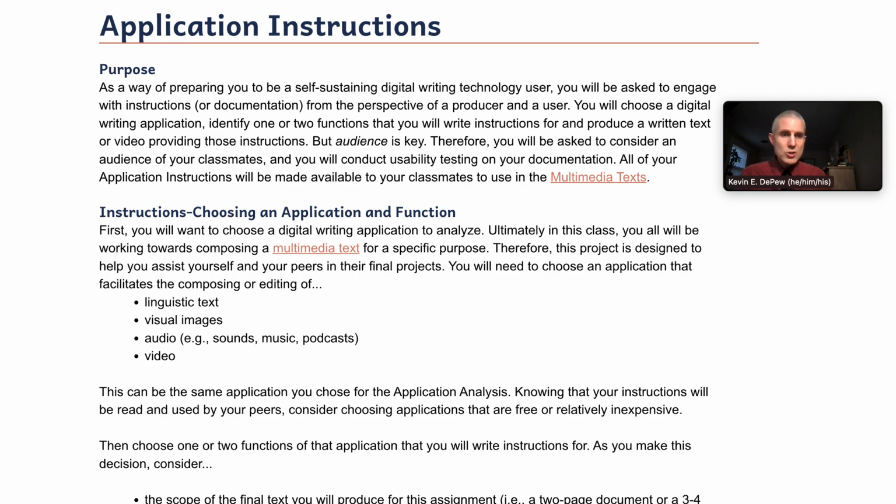What we are doing with this project is you are going to be writing up some instructions. Now, you're probably thinking, Dr. DePew, why do I need to write up instructions when I can just go on the internet and do this?